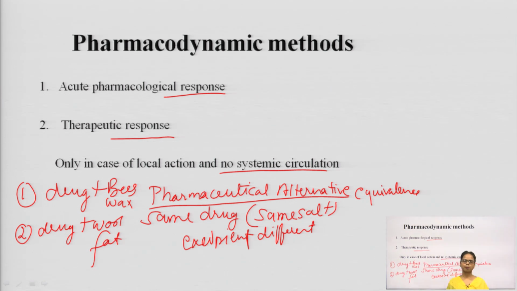My salt is the same, my drug is the same, but the excipient is different, and now I have to check the bioavailability plus other pharmacokinetic factors for these two different products. Now they become different products. So the equivalence study will be pharmaceutical alternative equivalence.